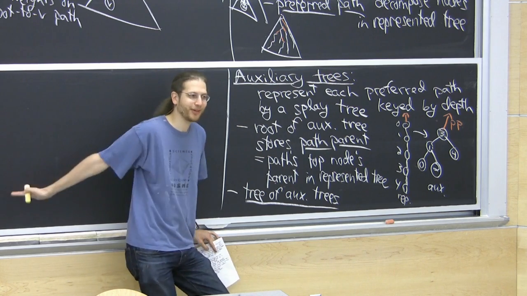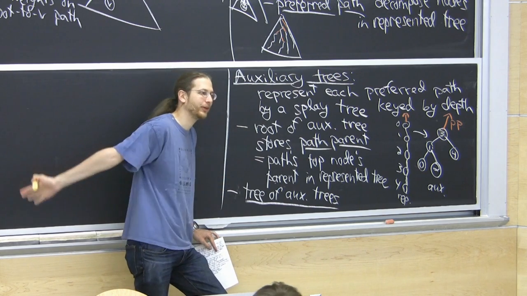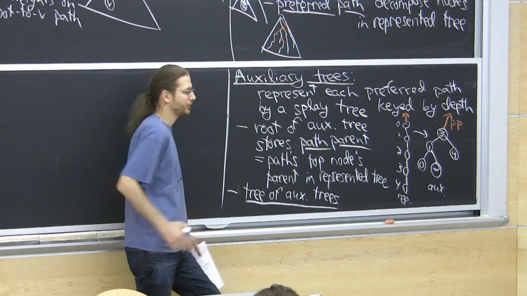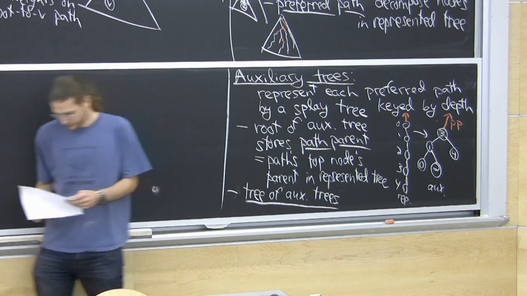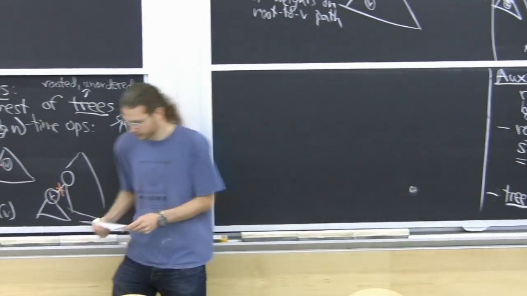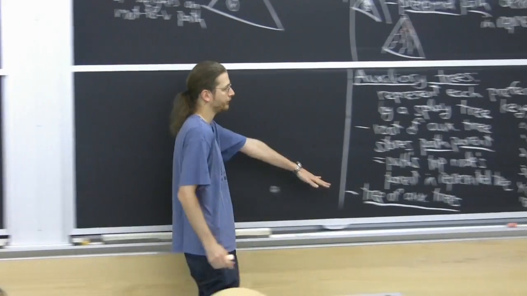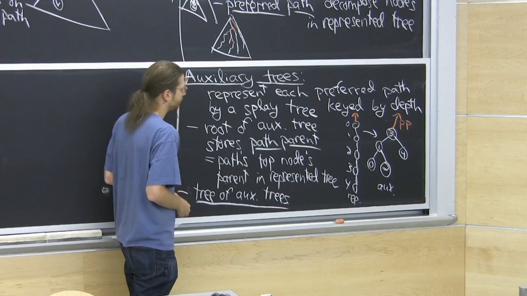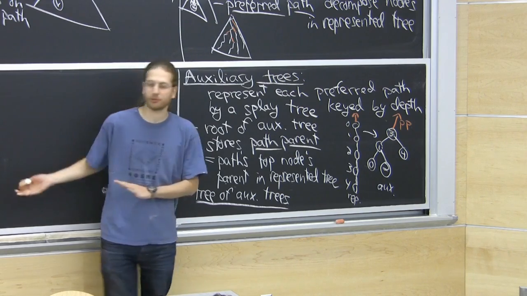So it's going to be represented versus tree of aux trees. Tree of aux trees is what we store. Represented is what we want to store. It's what we're trying to represent. So that's the terminology. Basically, we want the tree of aux trees to be balanced, and if they're splay trees, they'll be kind of balanced. Whereas the represented tree is unbalanced.